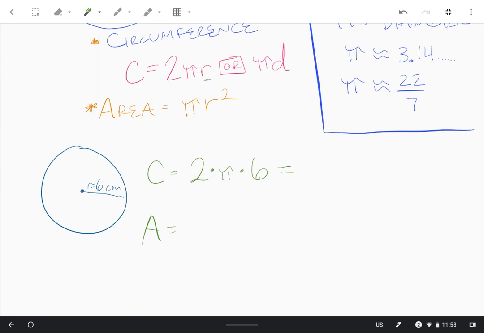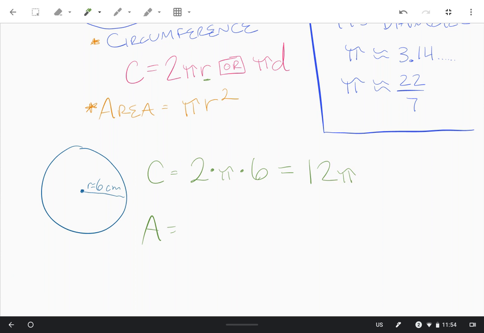Now, this is an important thing. You probably have mostly used pi as 3.14 when doing a calculation. But actually, we're going to make a practice of doing it two ways. The first way is we are going to write it in what we call terms of pi. So the first way to express this answer is to write 12 pi.